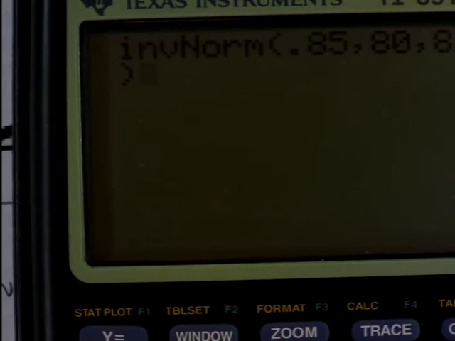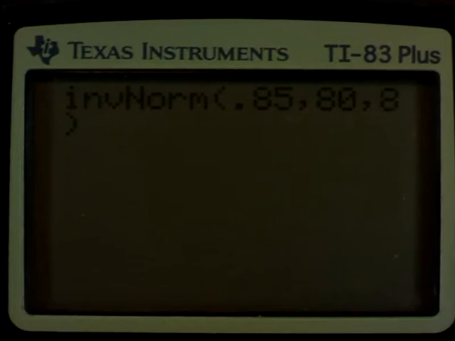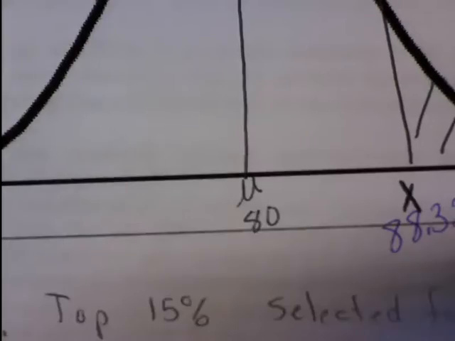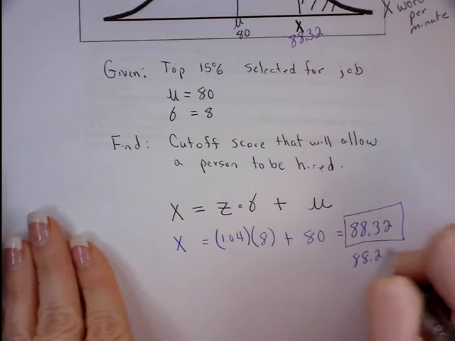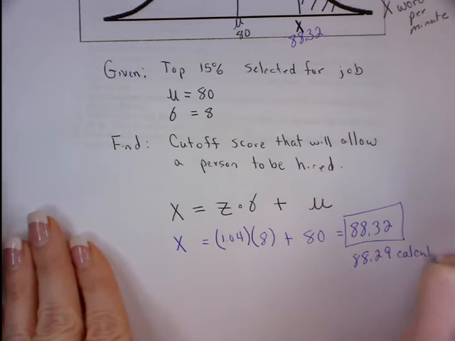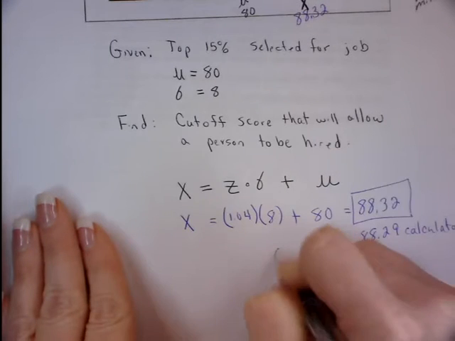And it has to be in that order. 85% is the area below, and 88.29. So this is what I would do on a test. 88.29 is the calculator answer, but that will not be one of your choices.